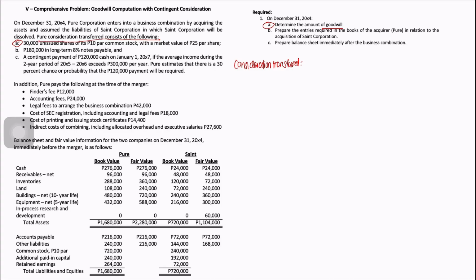Since consideration transferred is recognized at acquisition date fair value, we'll use the market value of 25 pesos. Hence, that's 30,000 times 25, 750,000. We also have notes payable amounting to 180,000.